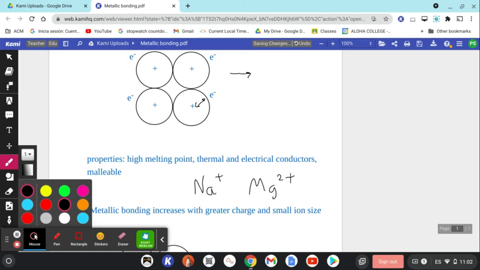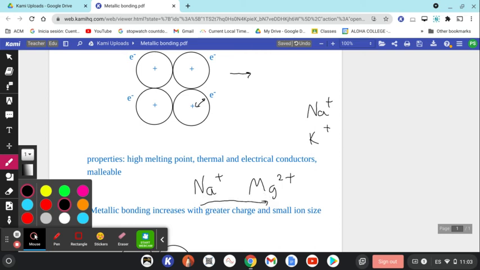So for example, sodium, although it has a lower melting point than magnesium, will have a higher melting point than, for example, potassium. So melting point down group 1 decreases, whereas the melting point across here from sodium to magnesium increases.